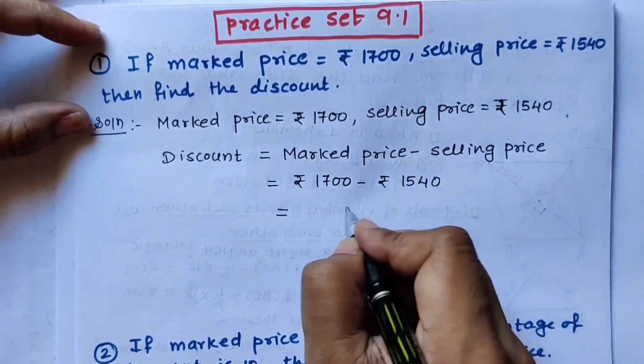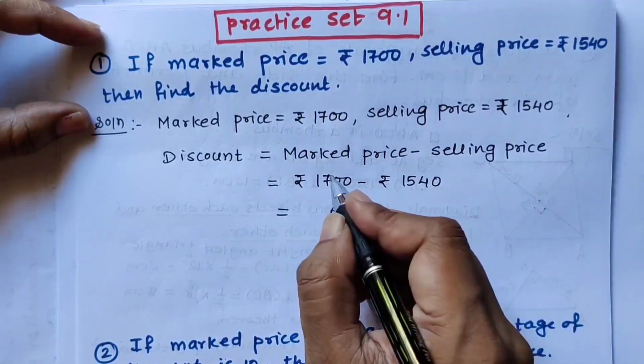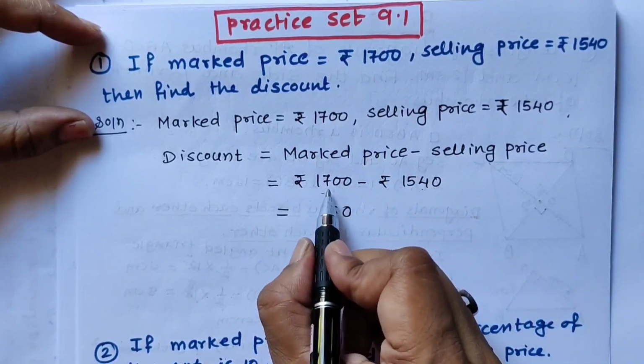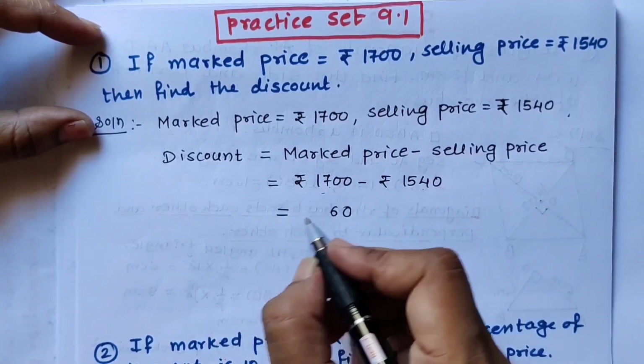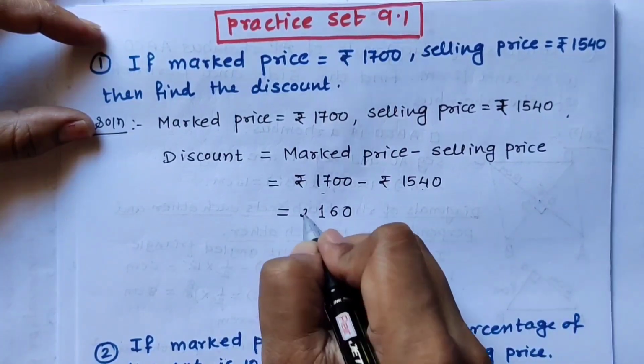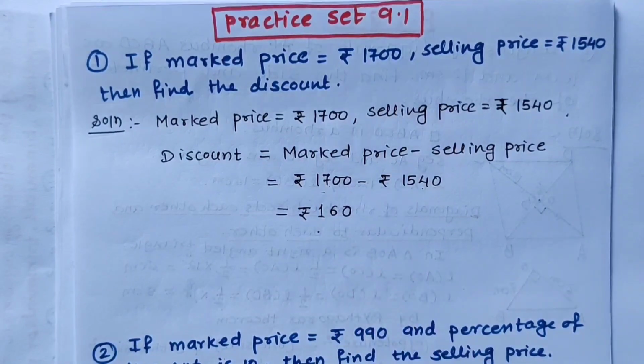Subtract: 0 minus 0, 0. 0 minus 4 cannot be done, so 10 minus 4 is 6. 1 borrowed from here, 6 minus 5 is 1, and 1 minus 1 is 0. So 160. In this way we have got the discount as rupees 160.